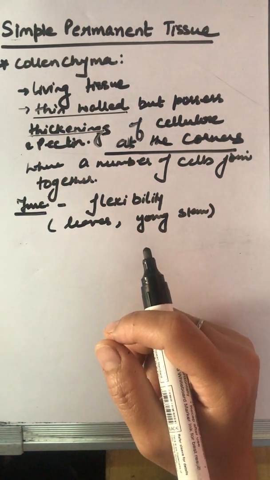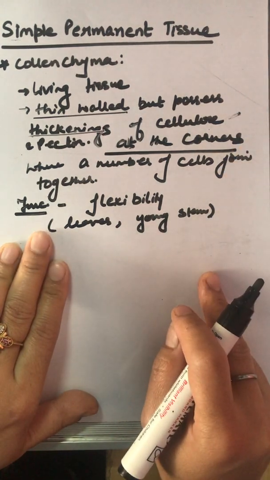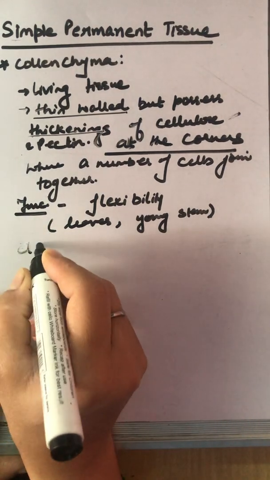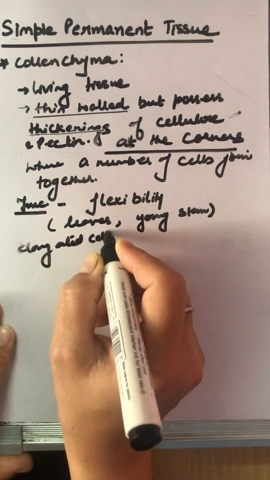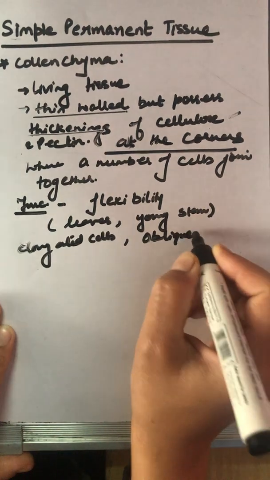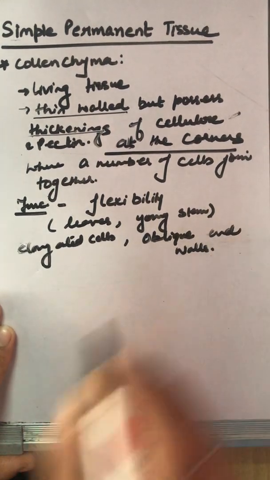So this characteristic is because of the thickenings present in the corners, and the thickenings are of cellulose as well as pectin. These are generally elongated cells with oblique end walls.